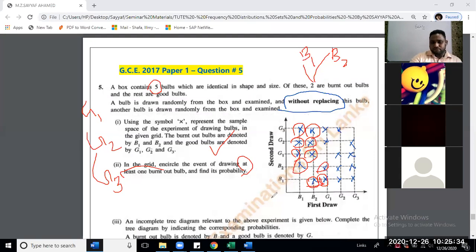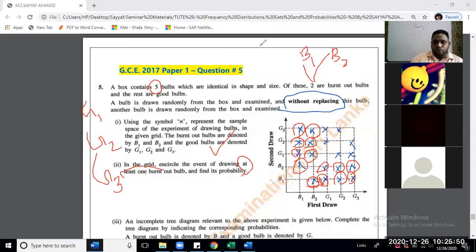You can't have G1 G2 or G2 G2 or G3 G3 likewise.